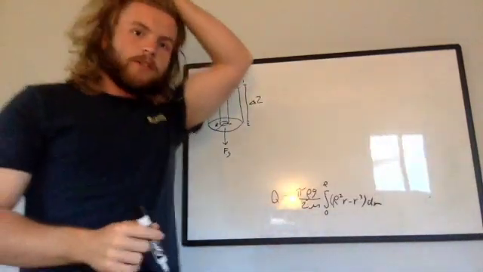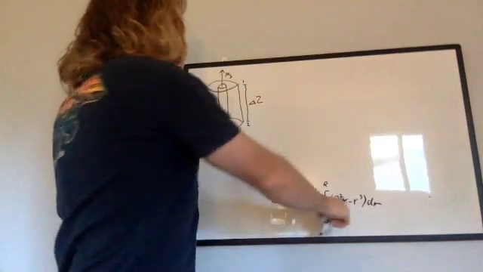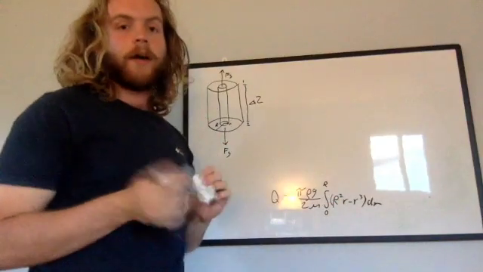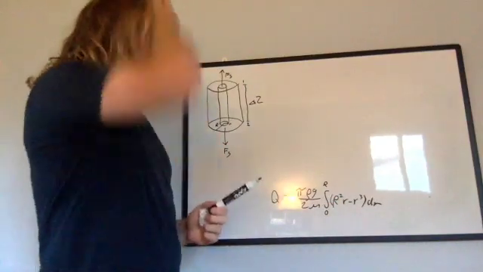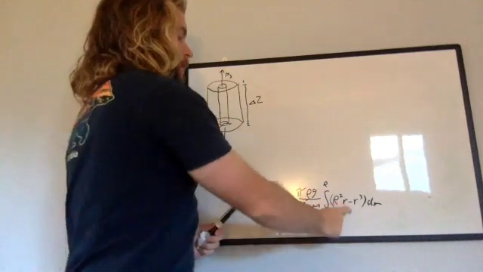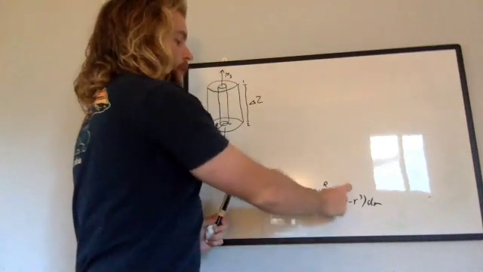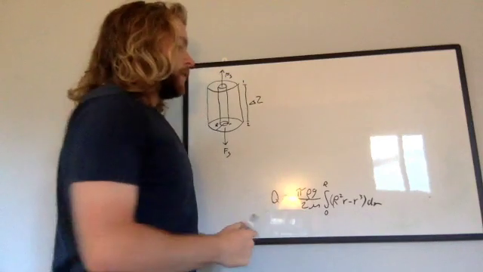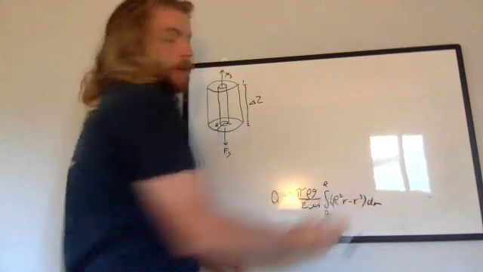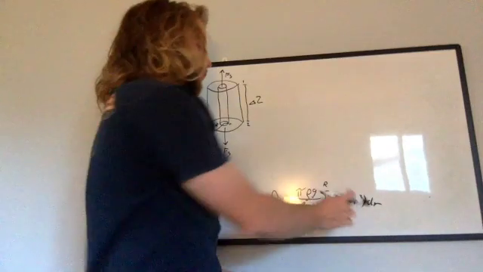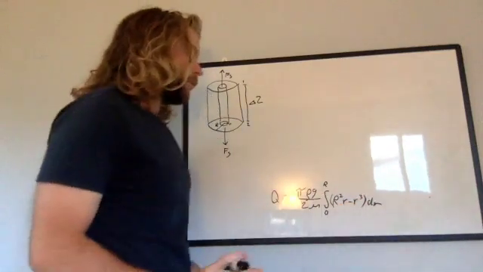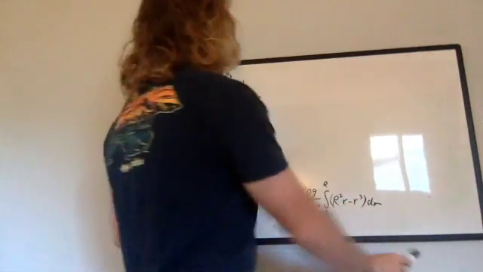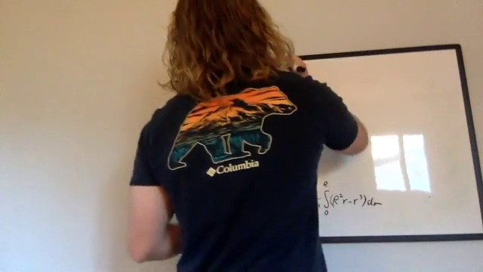Alrighty. So our next step is simply going to be integrating this out and then plugging in our bounds of integration. So this term right here, this r is going to go to r squared, and then this is going to be divided by 2 right here. And then over here, this r cubed is going to become r to the 4th, and that is going to be divided by 4. So that is going to be our solved integral right there.